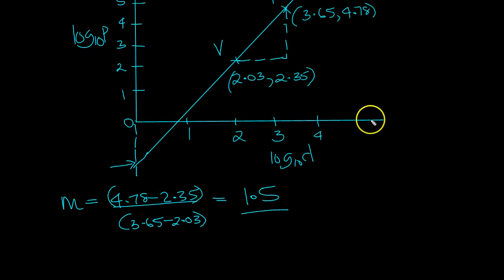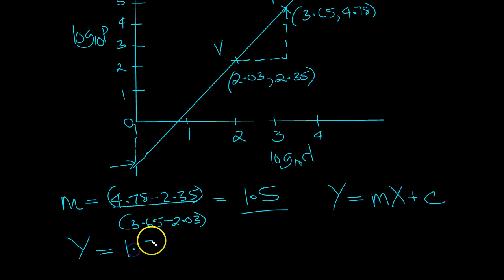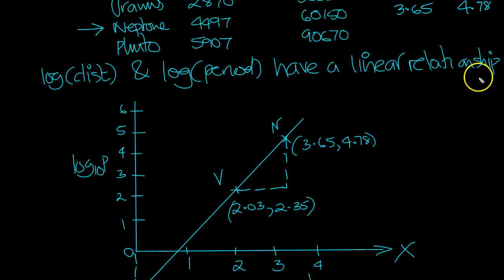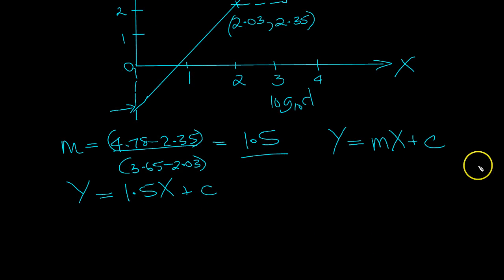Now we know that this line will be, I'll use capital Y equals mx plus c. Here's our straight line. We know the gradient is 1.5, so capital Y equals 1.5x plus c. Here's the capital X, and here's the capital Y. Okay, now it goes through, let's say, this point here, for example.